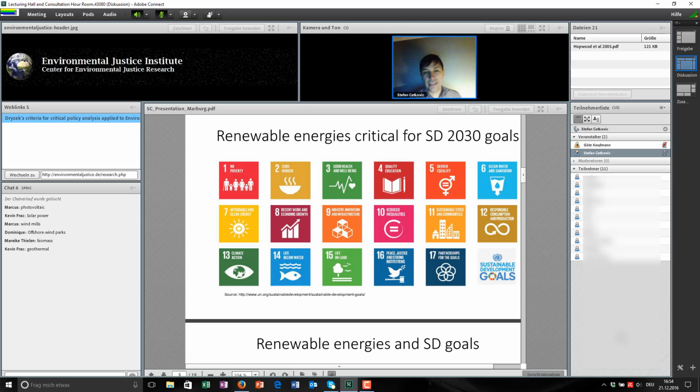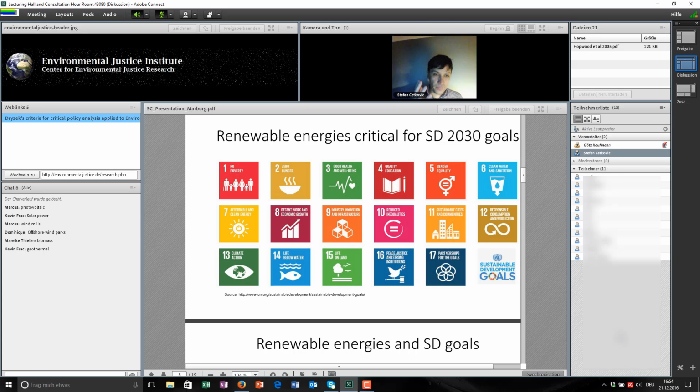So now in the next slide, you're probably all familiar with this image. This is the image of the new 17 Sustainable Development Goals agreed last year. These are the goals that should be aimed for until 2030. These are UN goals, and here you can see that there is a variety of goals.